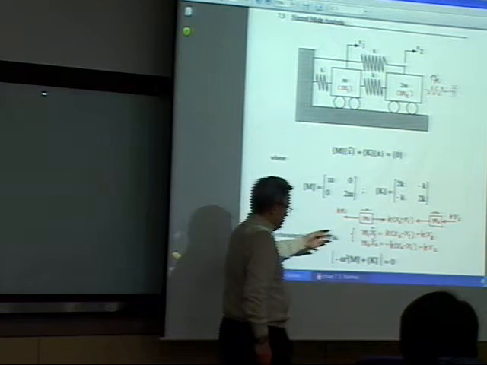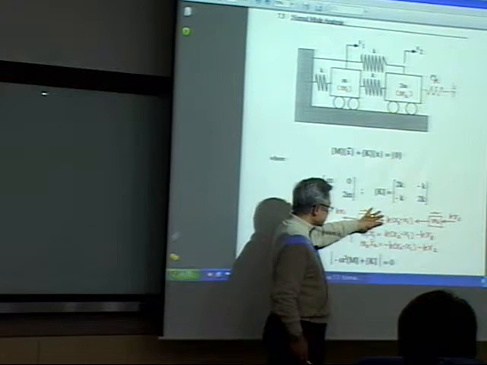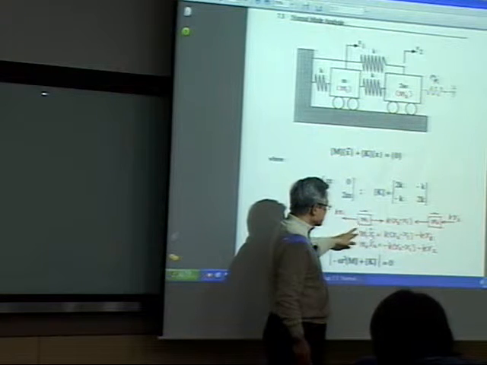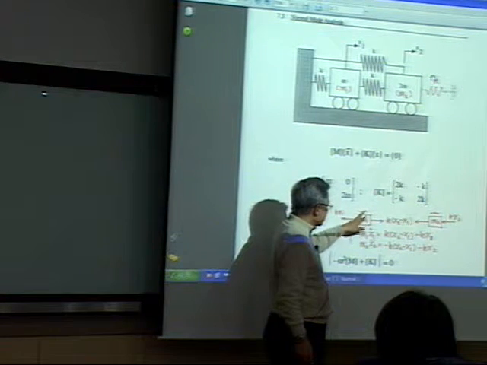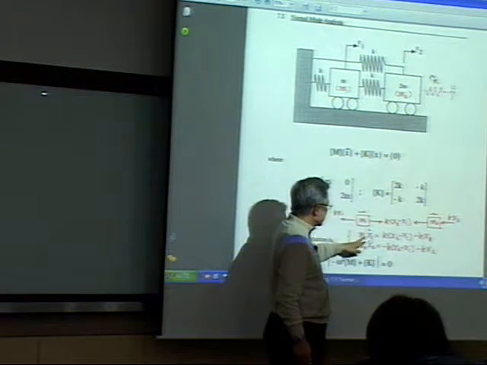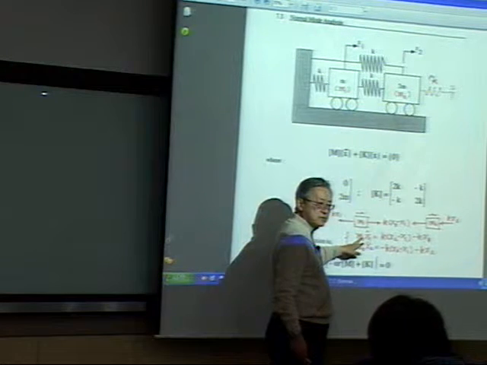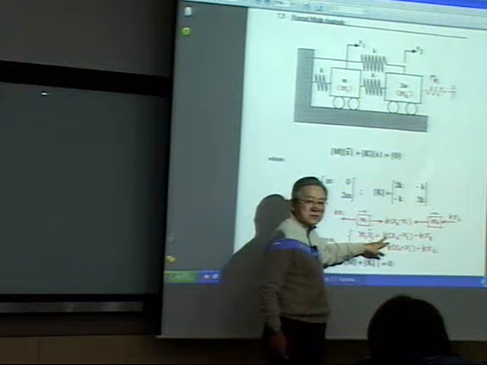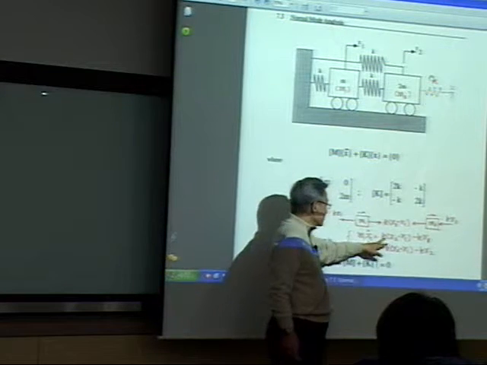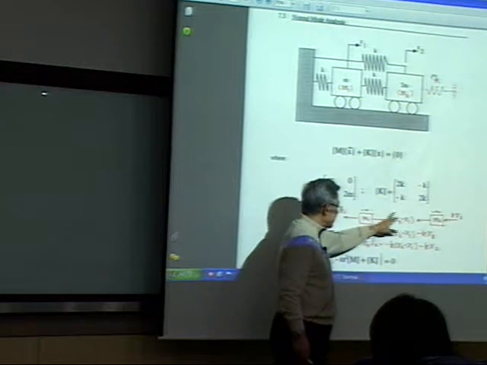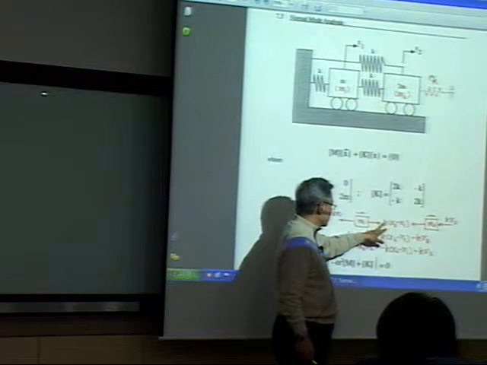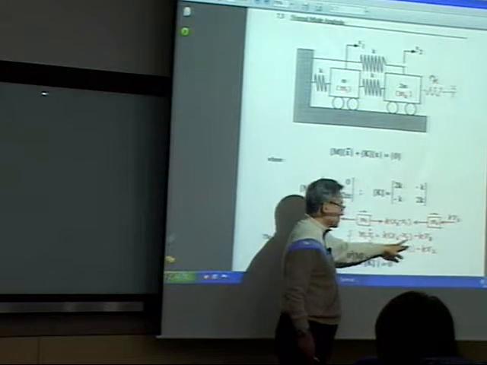So around here, you can apply Newton's second law. M1 times x1 double dot, the inertial force, is equal to the summation of all the external forces, which means we've set that direction as positive: plus k(x2 minus x1).